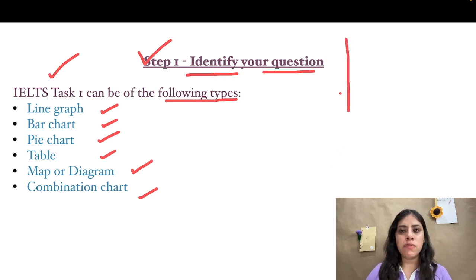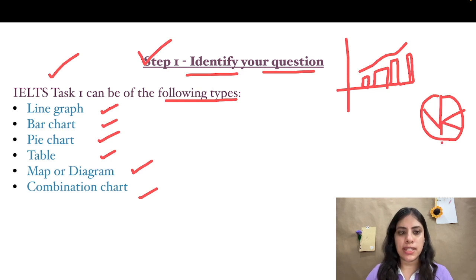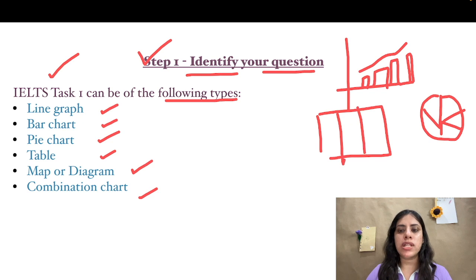A line graph is where trends are portrayed with the help of a line, whereas a bar chart includes different bars which portray the values or how the values are increasing or decreasing. A pie chart, on the other hand, is a circular diagram which includes different sectors in which the chart is divided. Then we have a table which has rows and columns and contains your information.